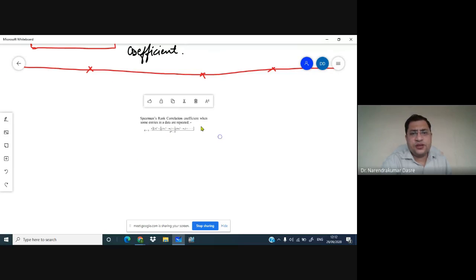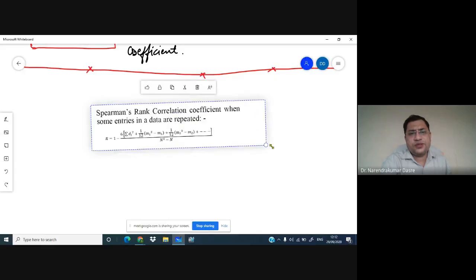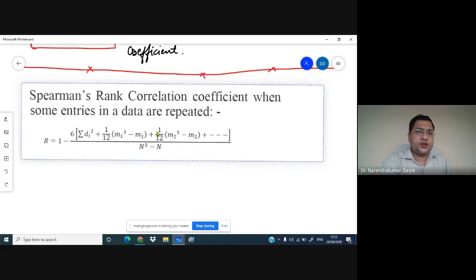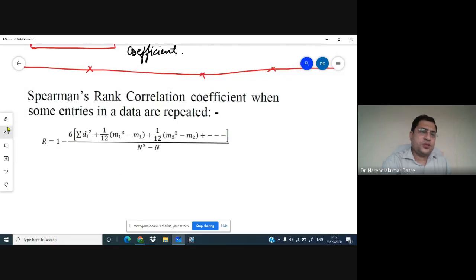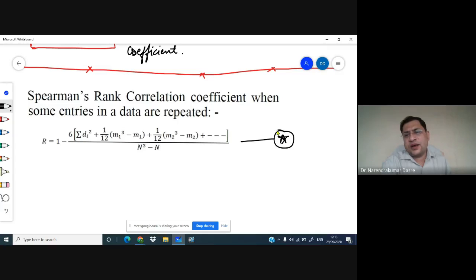Here we have to modify this formula slightly. So what is the modification? See, these are the extra terms that we have to consider. We have 6 times summation di square. This term remains as it is, but when we have a repeated value, we have to consider these extra terms. Now the question is what these terms are.